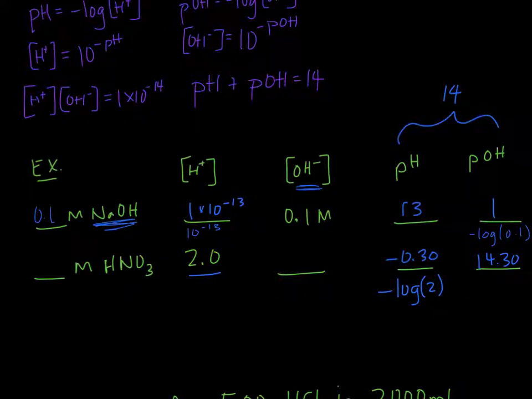All right, and then the hydroxide is going to be 10 to the negative pOH, which is 14.30. And so I think that that is 5 times 10 to the negative 15. Yes. Okay, you can't read that at all. Hold on.